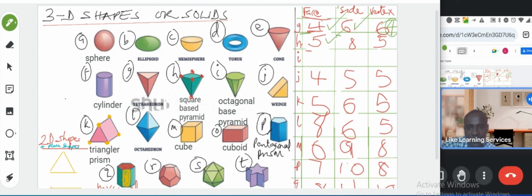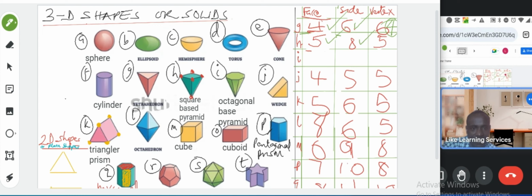Let's count the number of sides. 1, 2, 3, 4, 5, 6, 7. Let me count again. 1, 2, 3, 4, 5, 6, 7, and 1 on the other side, opposite to this side I'm striking. That's 8. That's correct.